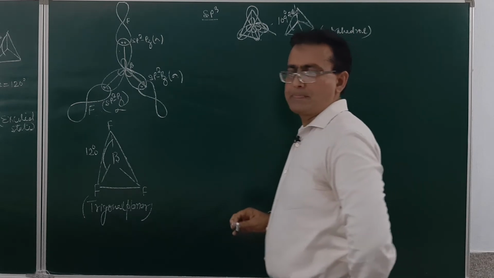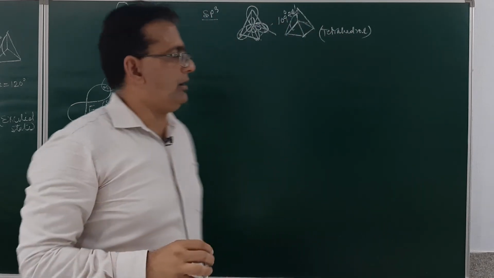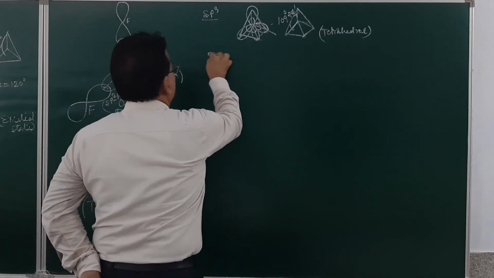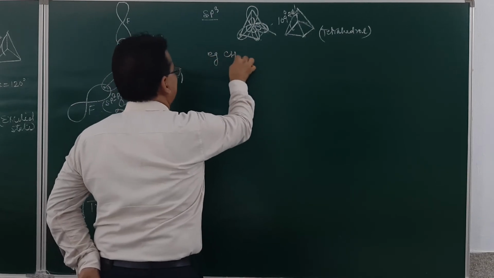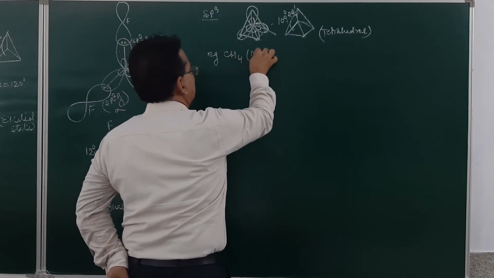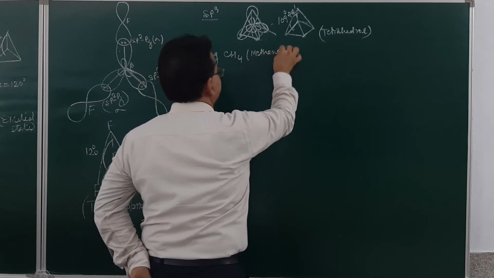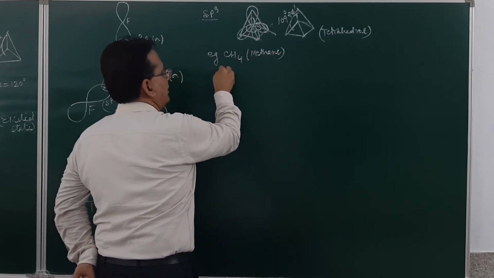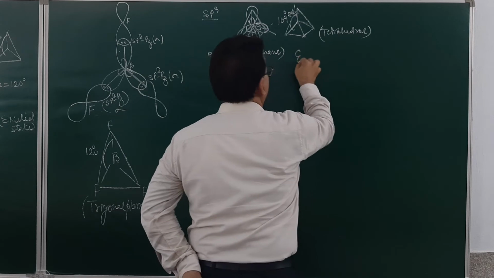Is it clear? As an example, if we discuss the bond formation of the methane molecule CH4, this is methane. Now just see over here, the atomic number of carbon is 6.